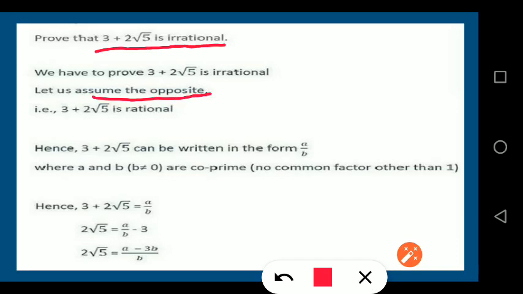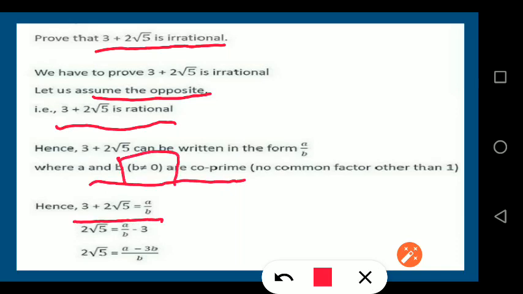So let us assume that 3 plus 2 root 5 is a rational number. Again, by the definition of a rational number, 3 plus 2 root 5 can be written as a by b, where a and b are co-prime numbers and b is not equal to 0. Always remember to mention this line.